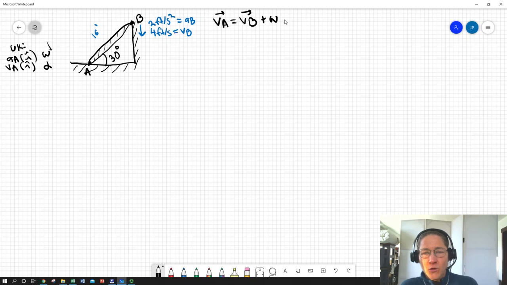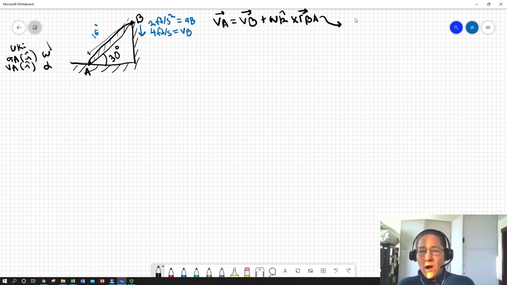plus omega ladder crossed into R from B to A. Okay, so we can use the geometry, our 30 degrees, to get the radius vector from B to A, and then we'll also need to pick up the length of the ladder there.